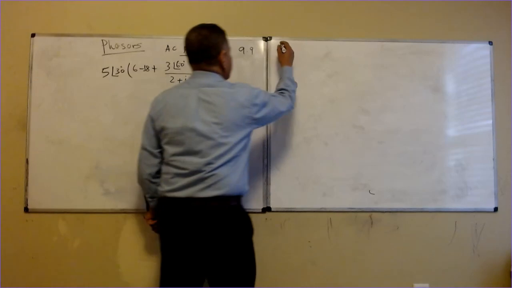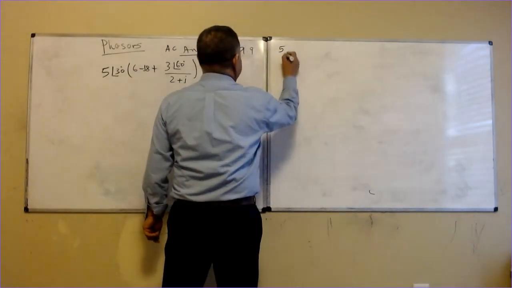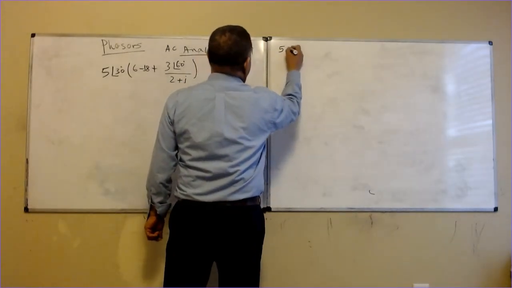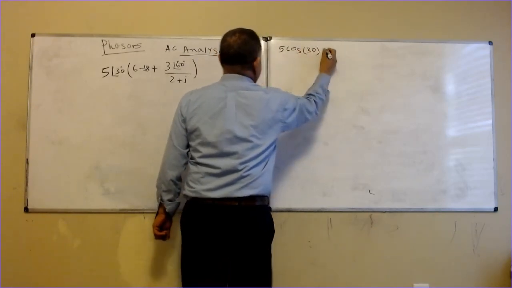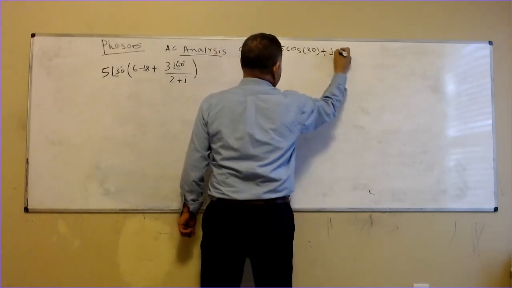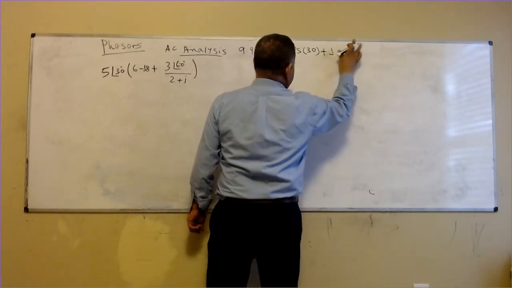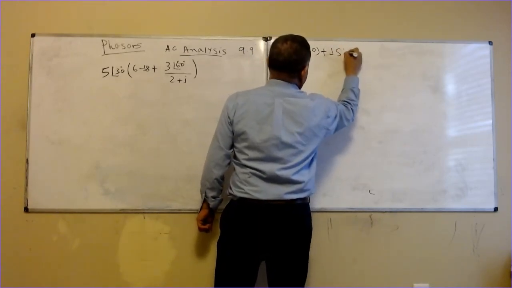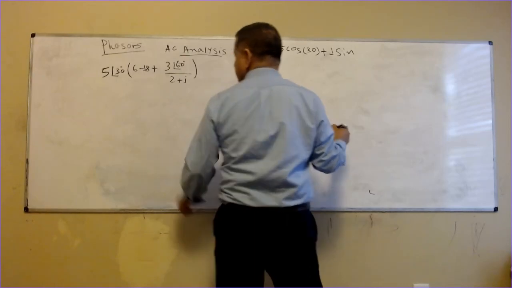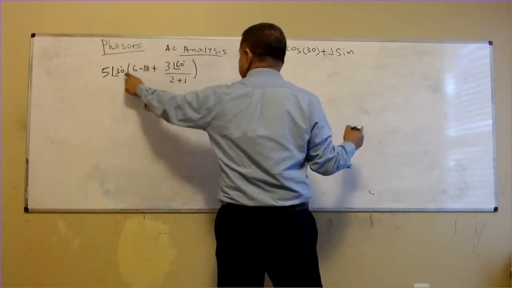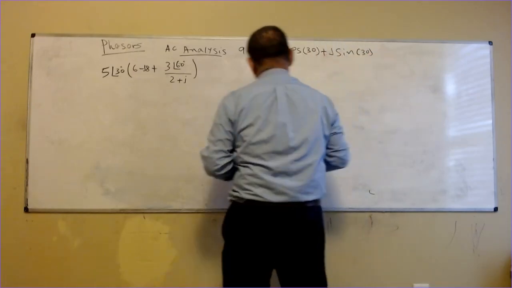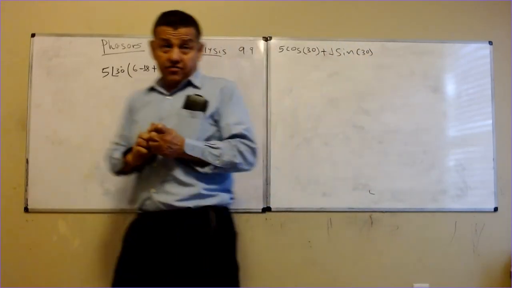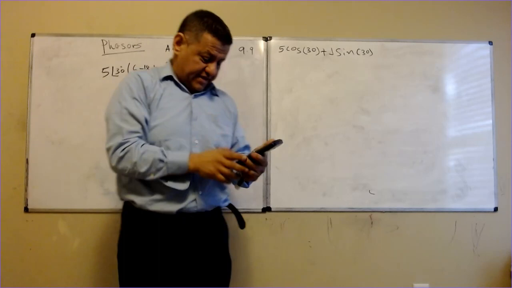So I have to do 5 cosine of 30 degrees, plus j sine of 30 degrees, right? And unfortunately we have to use a calculator in this.